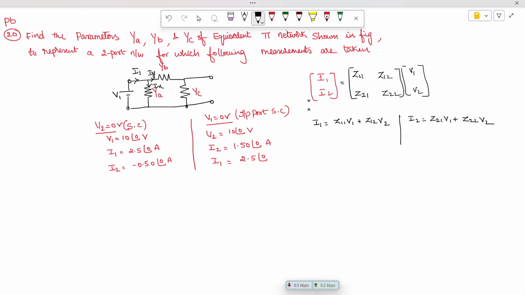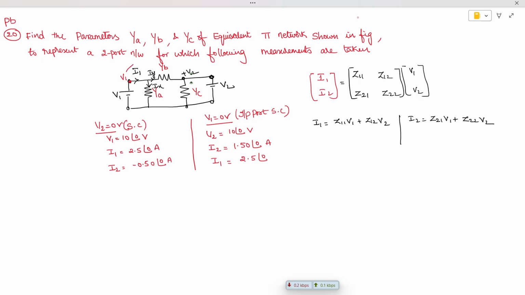Initially, under this condition, the voltage at this point is V2, therefore the voltage at this point is also V2. The voltage at this point is V1, and it is shifted here, so we are going to have V1 here. Now we are going to find the Y parameters initially.